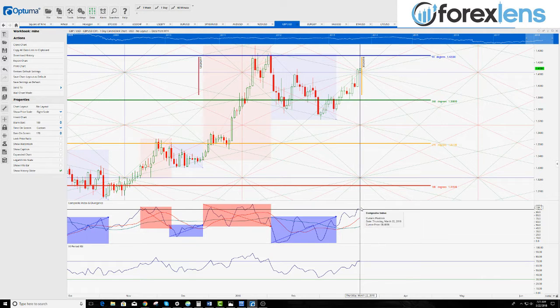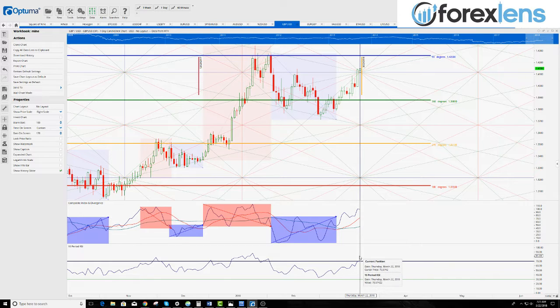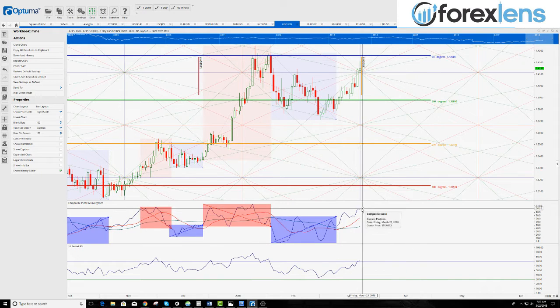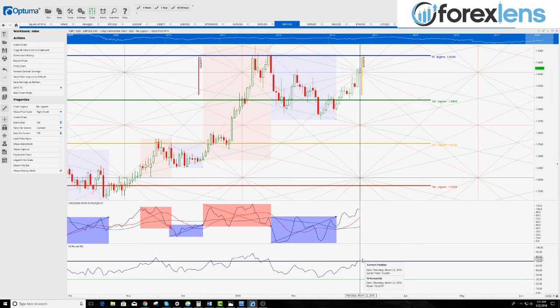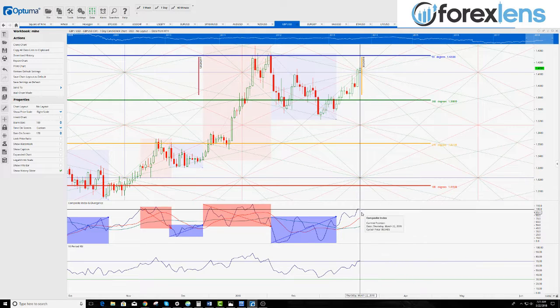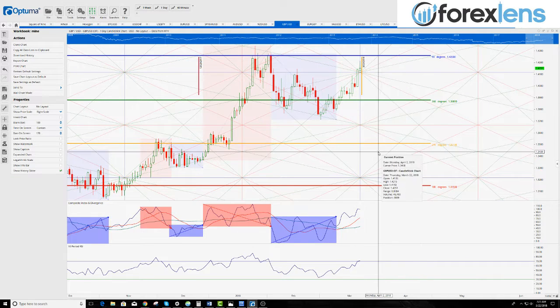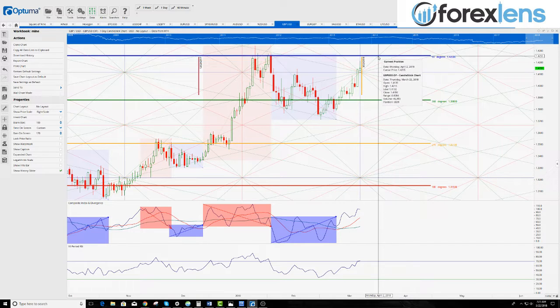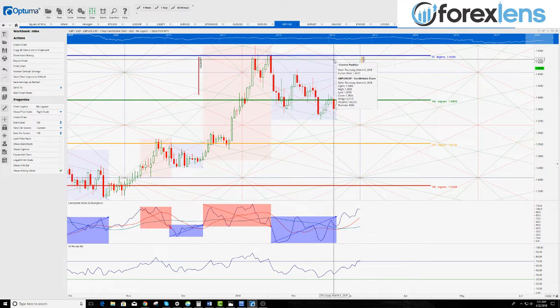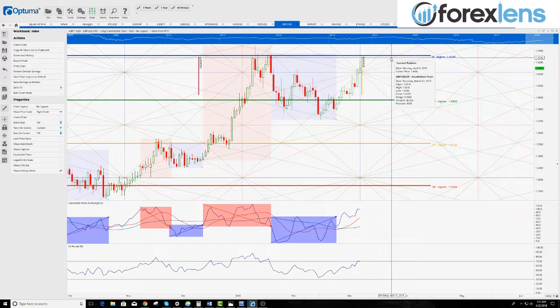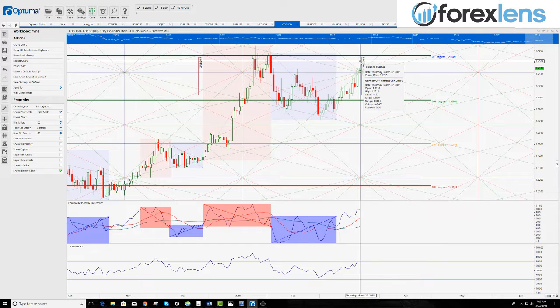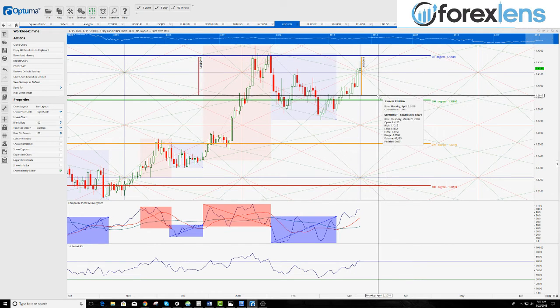And we are at these excessive overbought levels on the composite index and on the RSI. So, these things are the same as they are on our charts. This is the daily. Additionally, we have a 90-degree price level of 142.6, which price went up to a little bit, but then got halted and traded down.